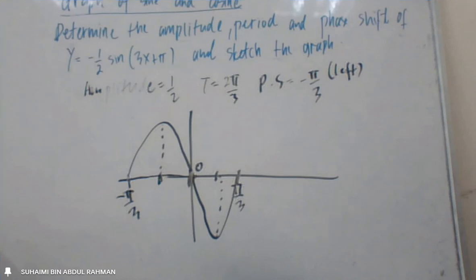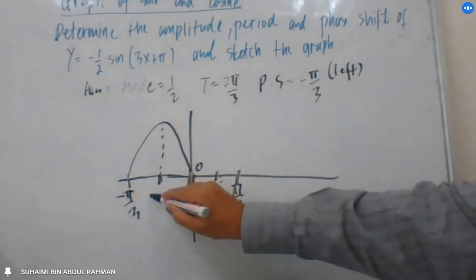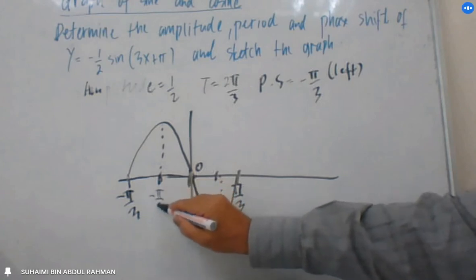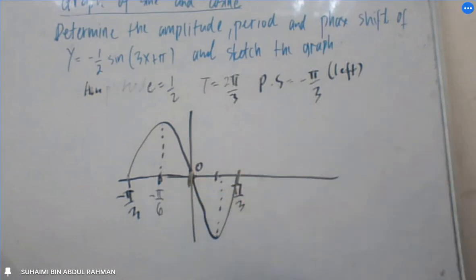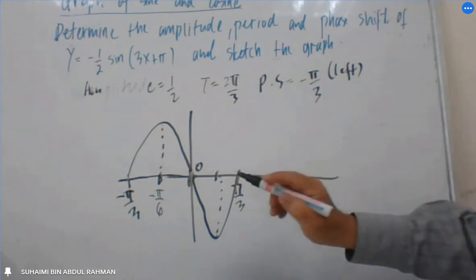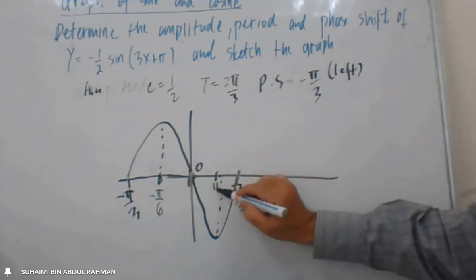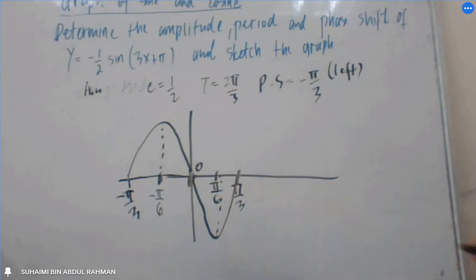Negative pi over 6. And here, pi over 6 also. One is minus and one is plus.